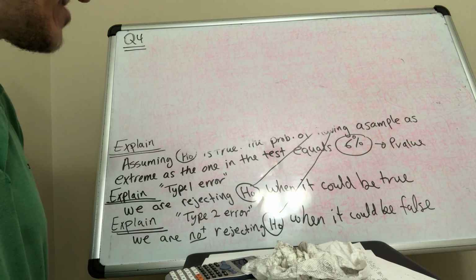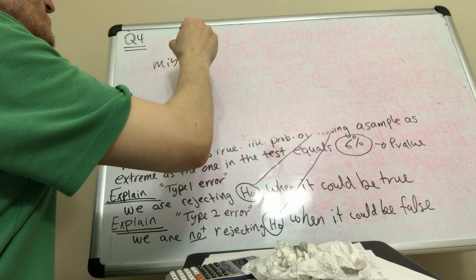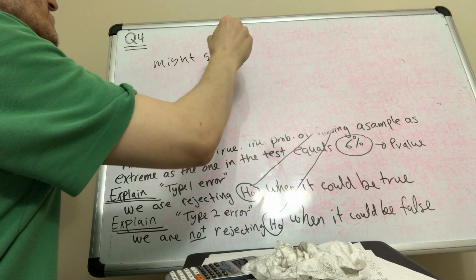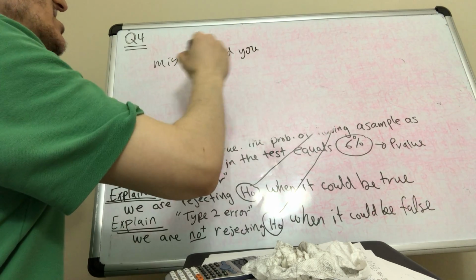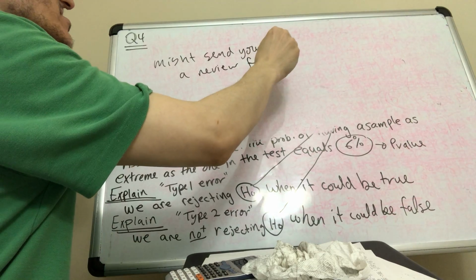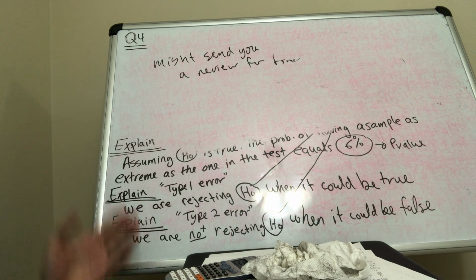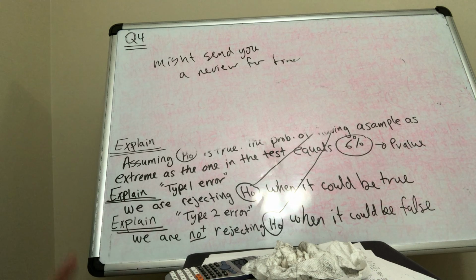The other thing, I might send you a review for the final. But again, this assignment covers most of the stuff you need, and I added some extra ideas for you to know. In general, this could also be a very good review for the final exam.